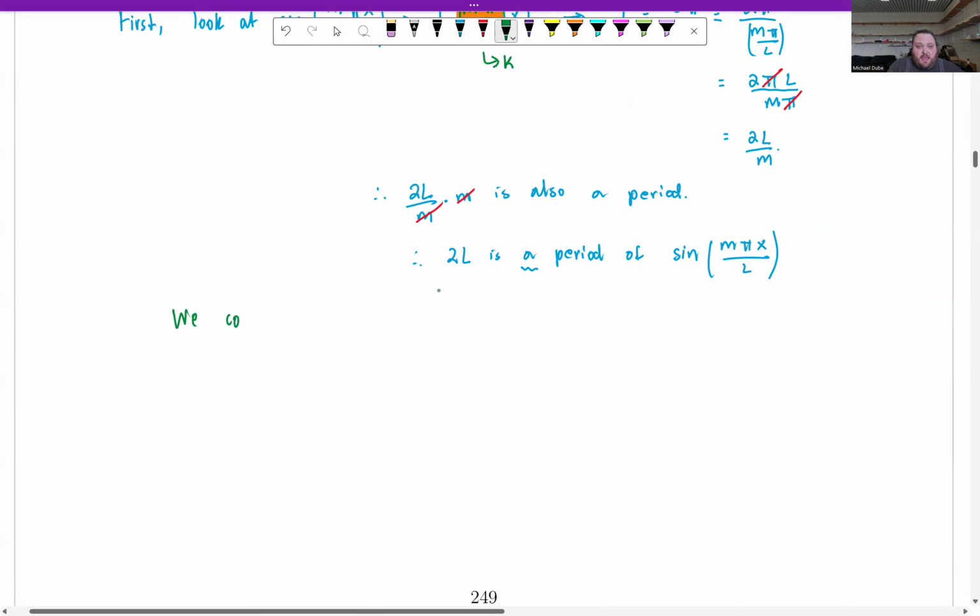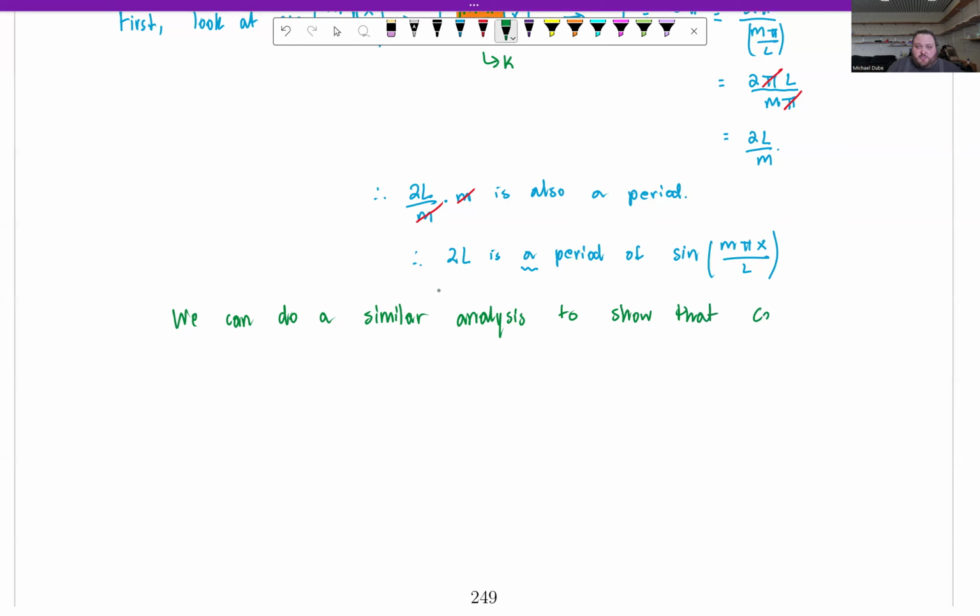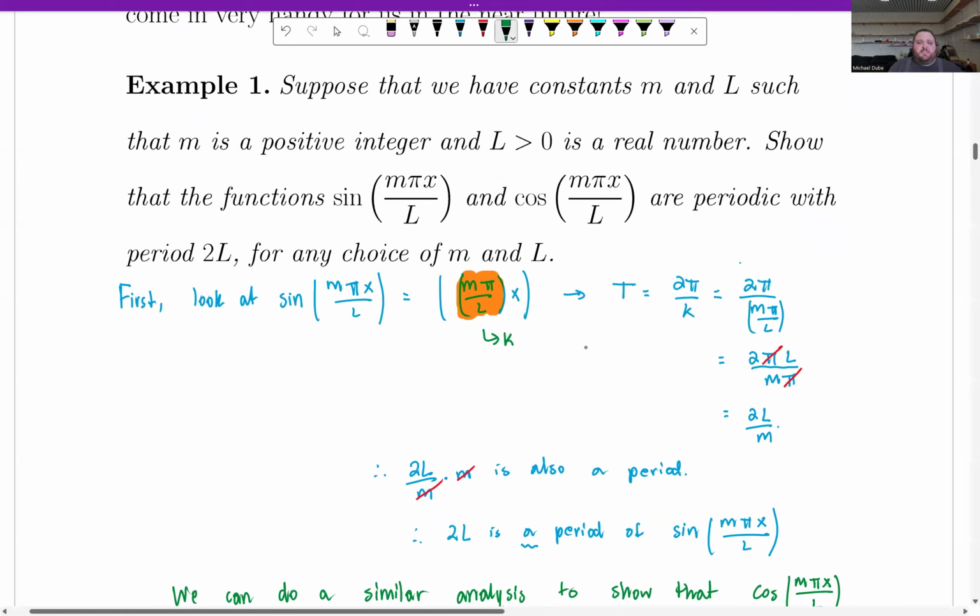Okay, and similarly, we can do a similar analysis to show that cosine of m pi x over L also has period 2L. Okay, and the question was asking us to show that this has a period of 2L, and we have done this right here.